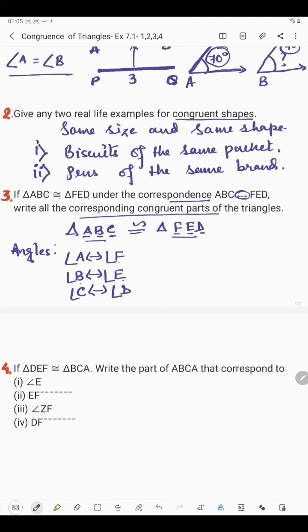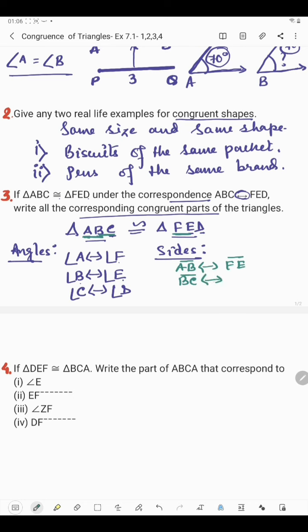Now let us write the corresponding sides. Again, by seeing the name, we will write the sides. So AB side corresponds to side FE. Okay. Next we have BC, with this symbol of correspondence.